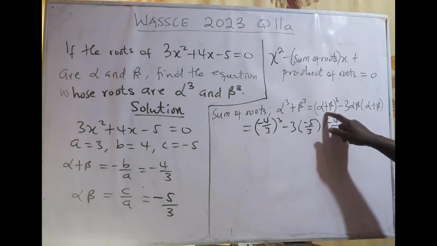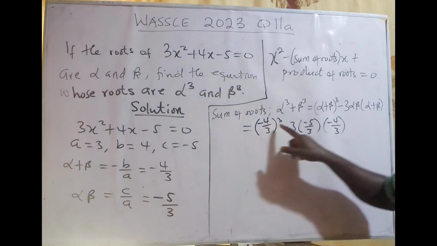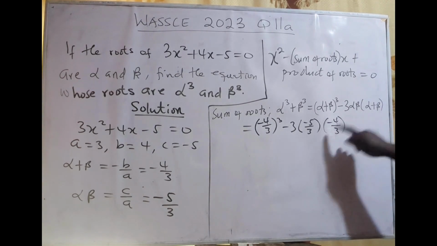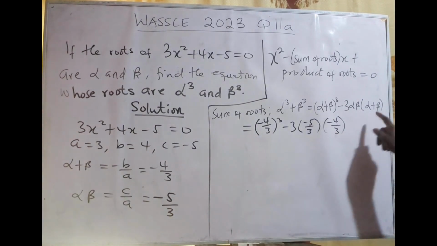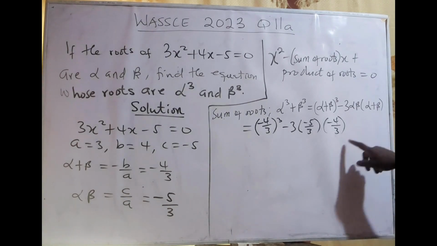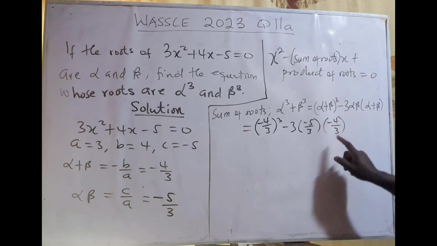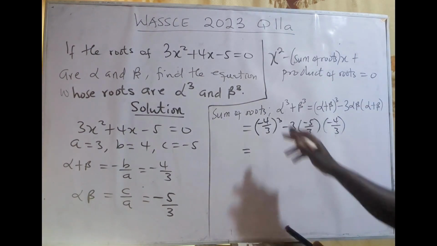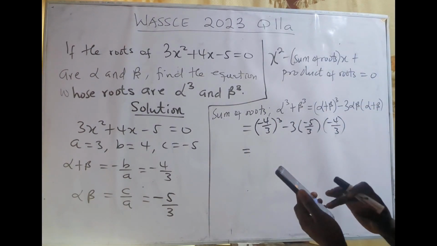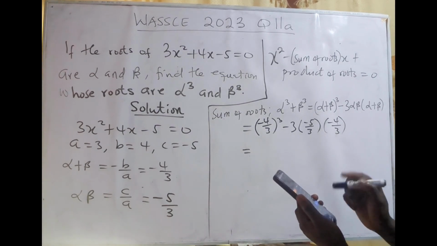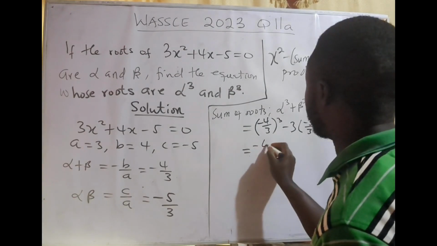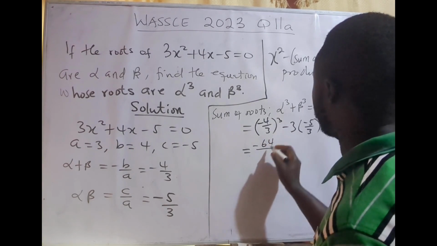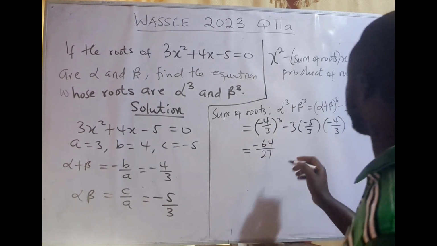Alright, so alpha plus beta, that is negative 4 on 3 all cube, minus 3 alpha beta, negative 5 on 3, into bracket alpha plus beta, which is negative 4 on 3. Alright, minus 4 cube and then 3 cube. So minus 4 cube will give us minus 64 and then 3 cube will give us 27.